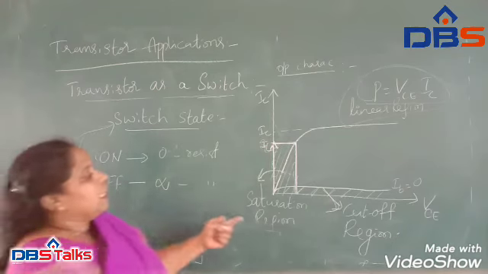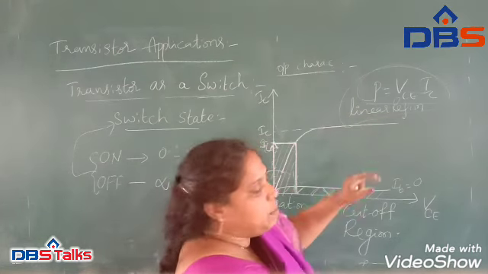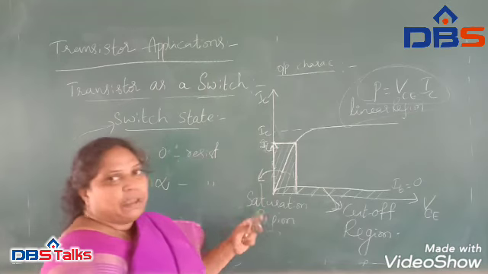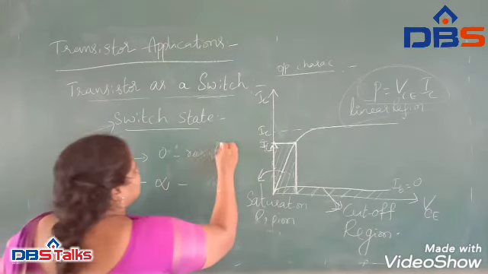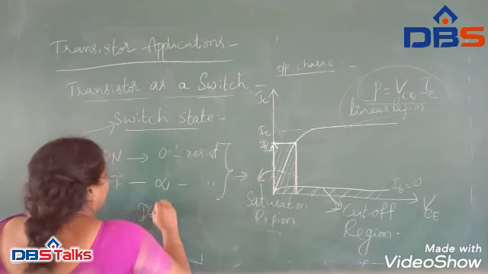That's why in the cutoff region and the saturation region the power loss is negligible. In these two cases we can consider the device to be in the off state and the on state.